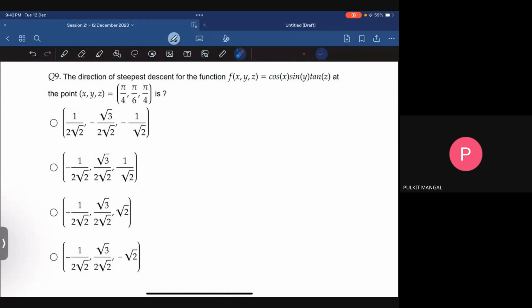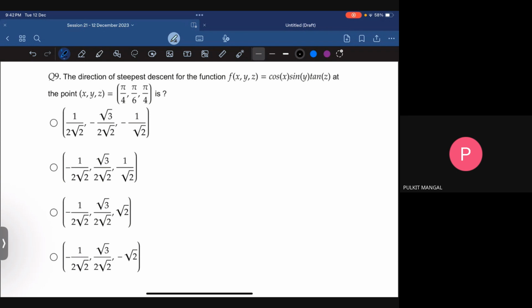Ninth question, it is asking us to find the direction of steepest descent for the function cos x sin y tan z at the point x, y, z equal to pi by 4, pi by 6, pi by 4. So when does the direction of steepest descent occur?